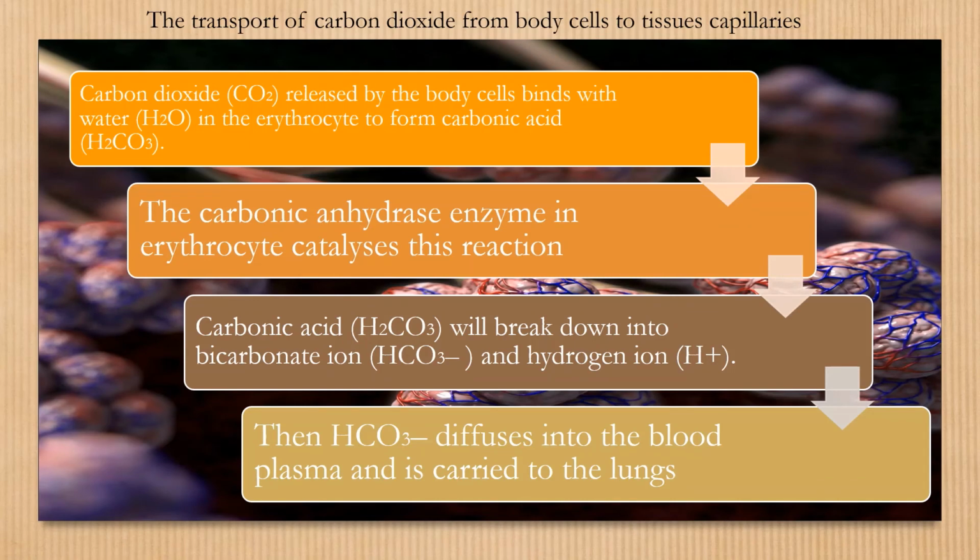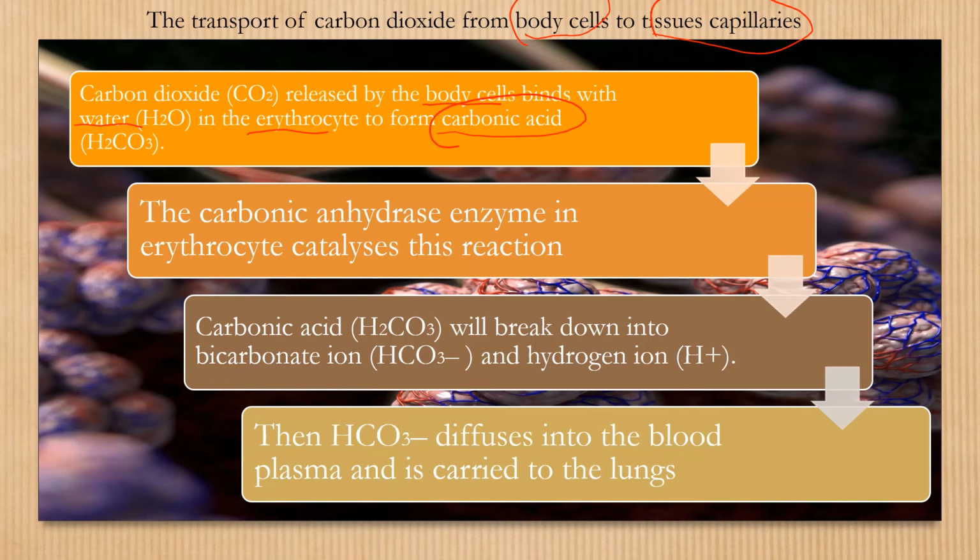Now we look at how carbon dioxide is transported from the body cells to the tissue capillaries. Carbon dioxide released by the body cells through cellular respiration will bind with water in the erythrocyte to form carbonic acid.